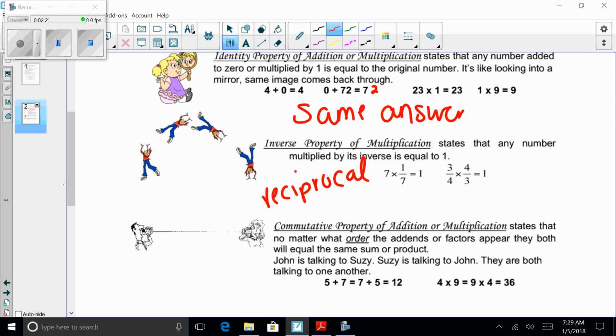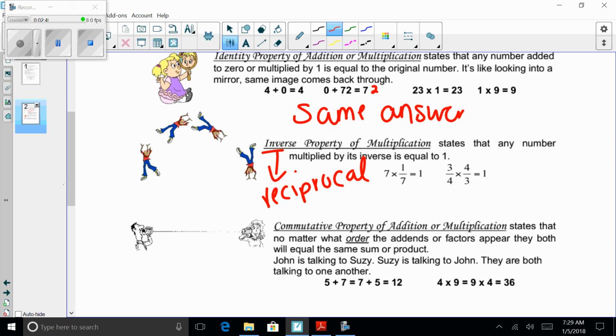The reciprocal of 7 is 1 over 7, so when we multiply the two together, we get an answer of 1. The reciprocal of 3/4 is 4 over 3. When I multiply both of those, I get 12 over 12, which again simplifies down to 1. So the inverse property of multiplication, inverse means the same as your reciprocal.